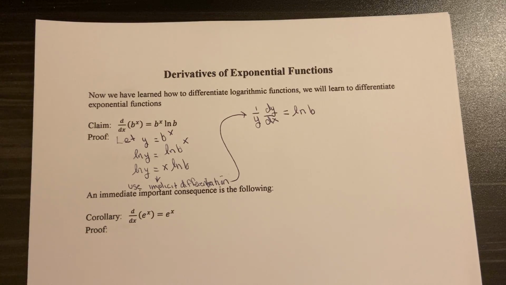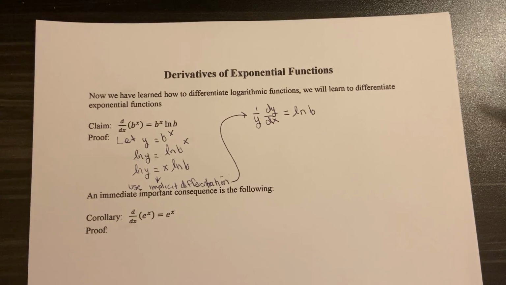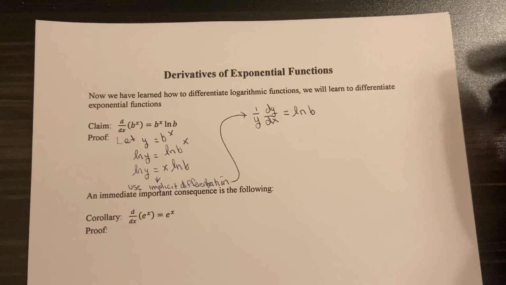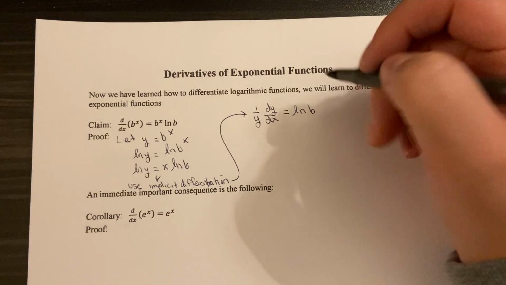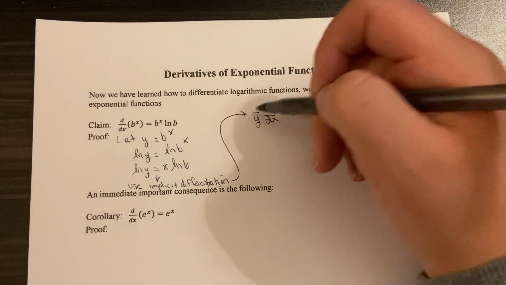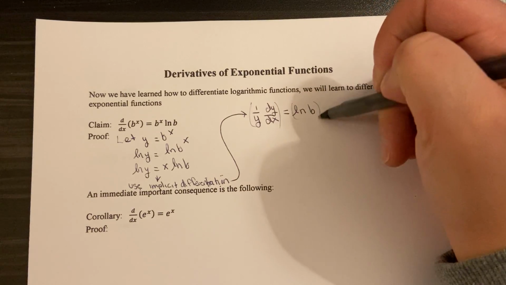Okay. So then what I can do, and I'm not going to tag on a db dx because I'm differentiating this in terms of x. So I don't have to worry about it. Okay, so anyways, now solving this, I'm just going to multiply both sides by y to get rid of that 1 over y.